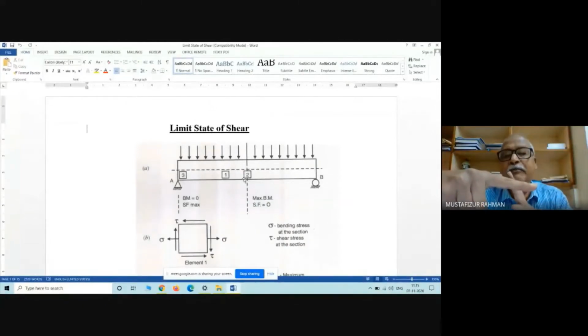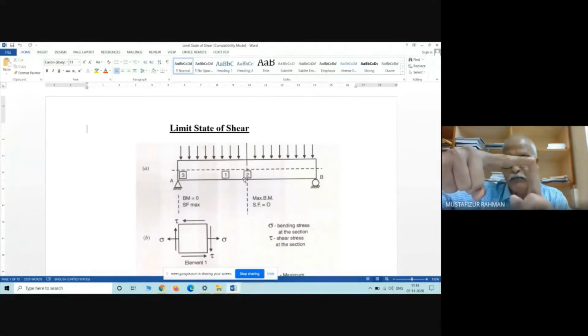Now this finger of my right hand is whatever beam is shown on the laptop. On the left hand side there is an arrow, so there is a support. Now you try to see the movement of my left finger.